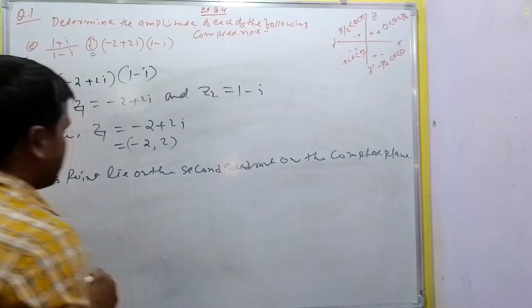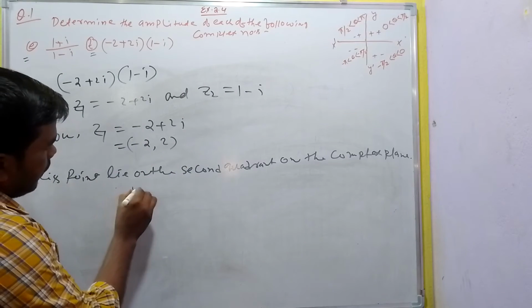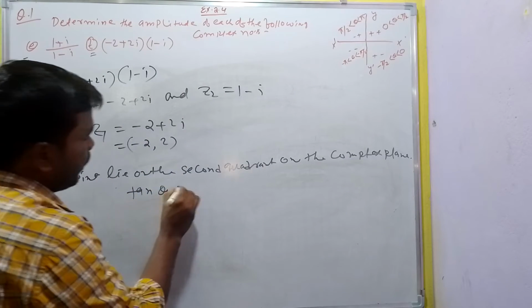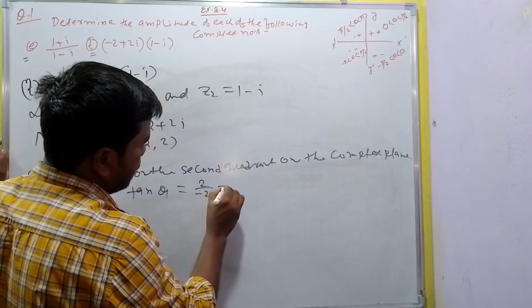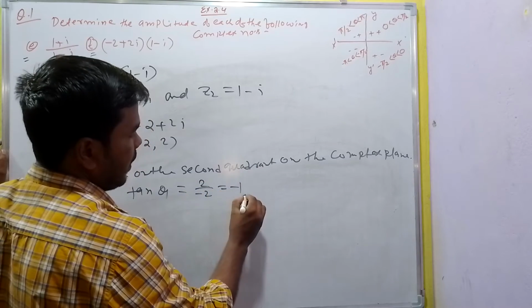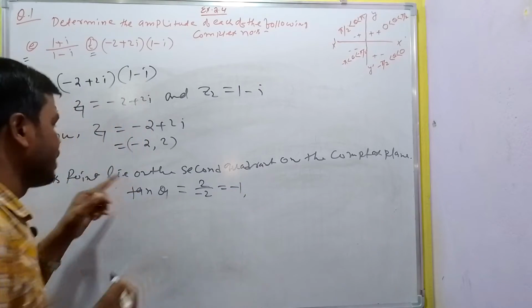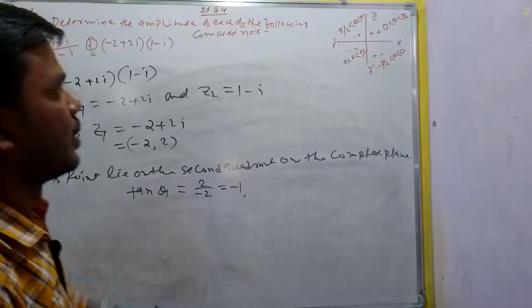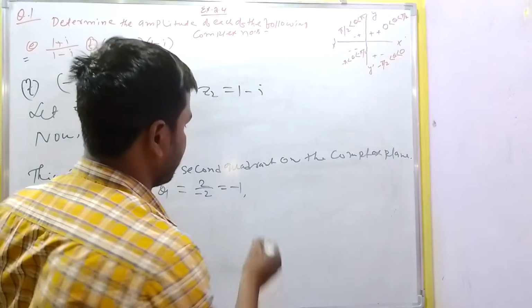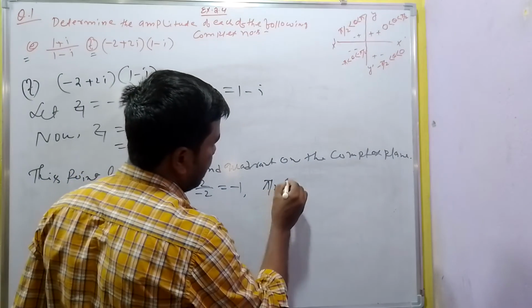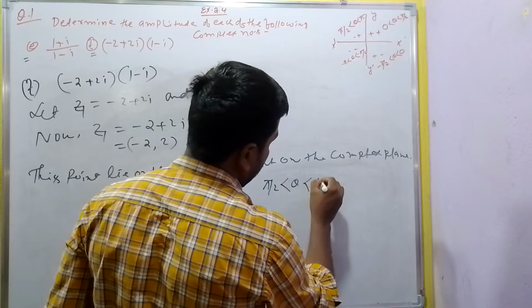So you have to write tan theta 1 equals 2 by minus 2, so minus 1. Now you can see this point lies on the second quadrant, so pi by 2 less than theta less than pi.